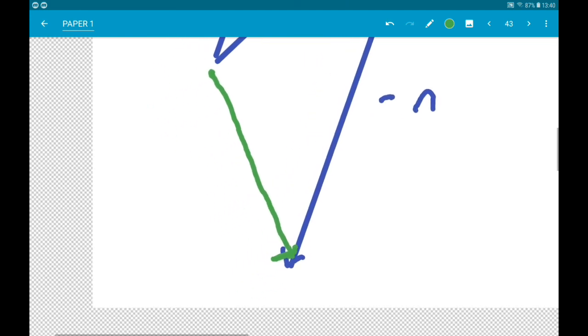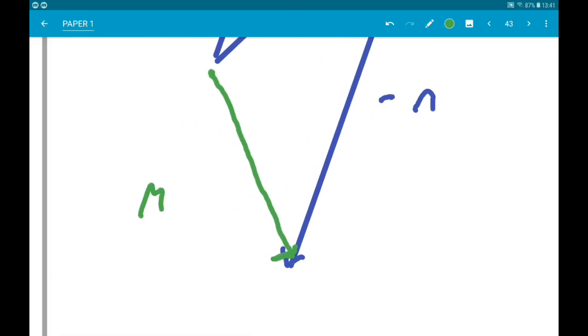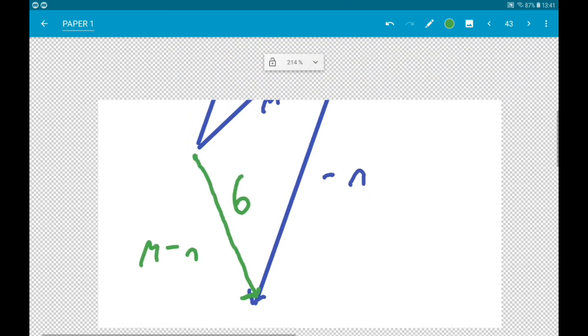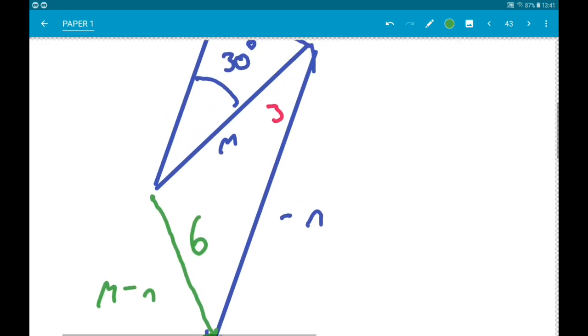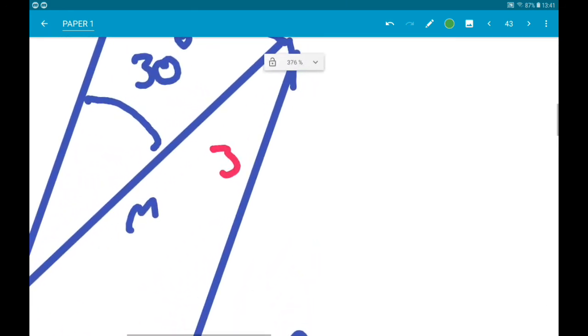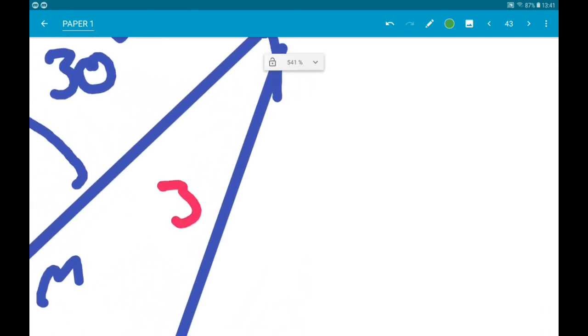Now we know that has a length of 6. Now then, what else do we know? Well, we know that n and minus n are parallel, so because of that, this angle up here is also 30 degrees.